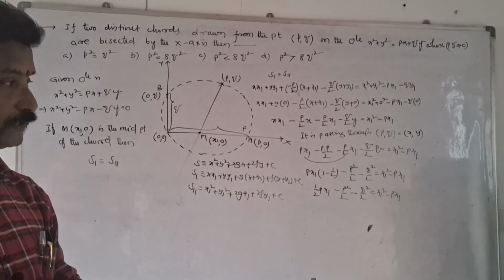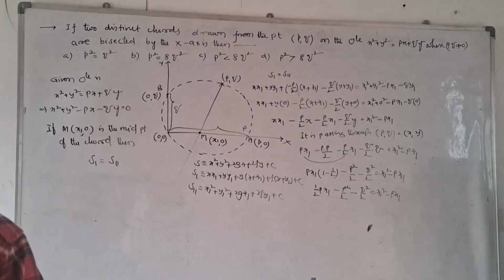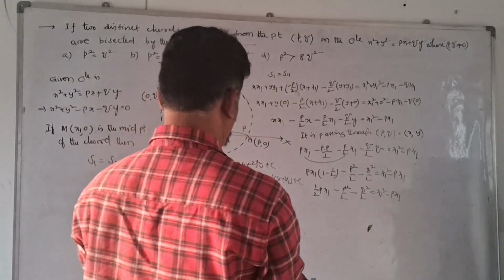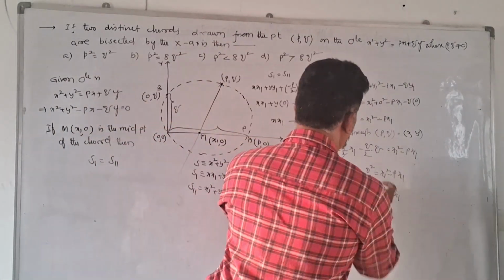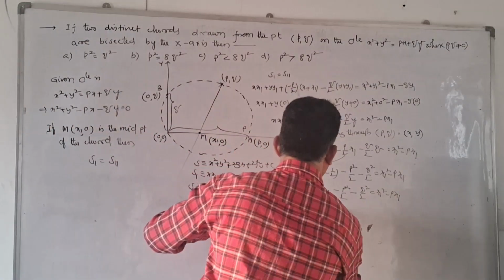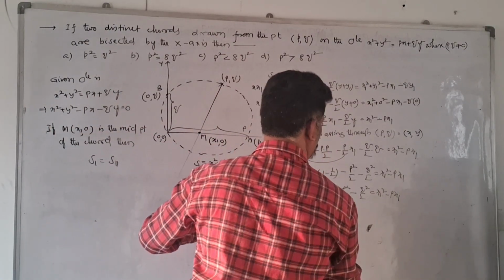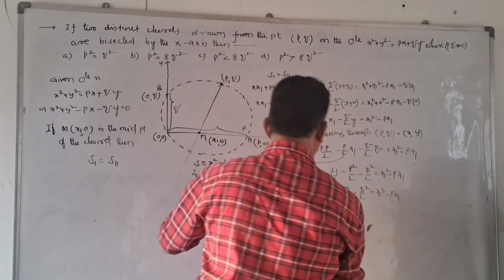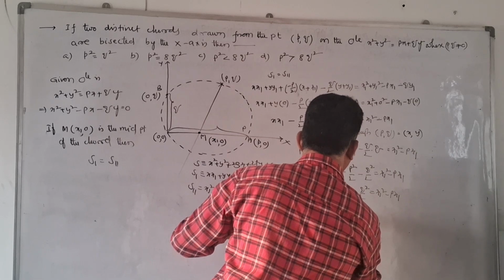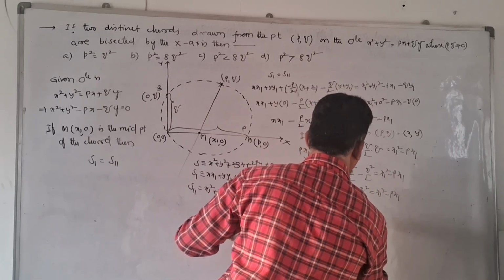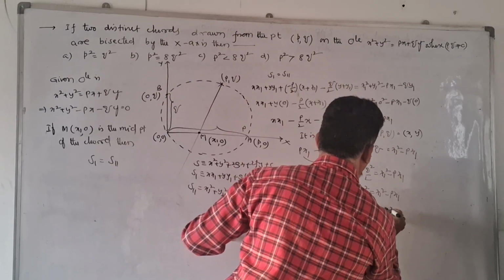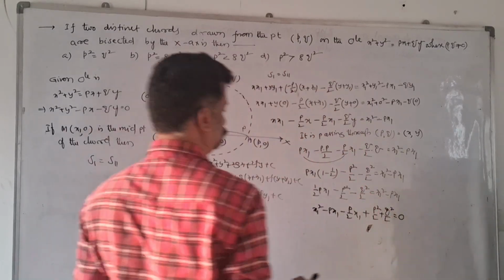Now this total equation is converted into a quadratic equation, right? So here x1 square minus px1, shifting the side, minus p by 2 x1 plus p square by 2 plus q square by 2 equal to 0.